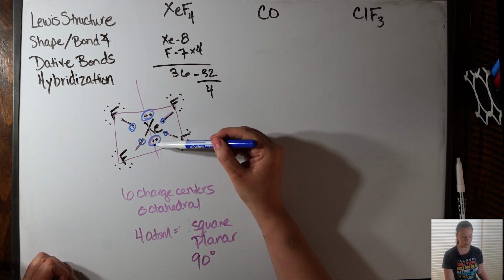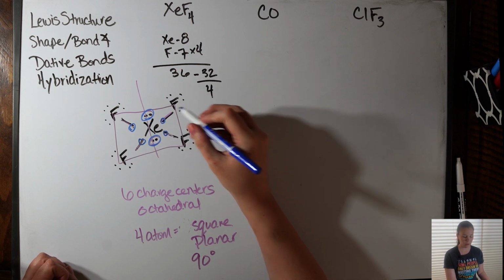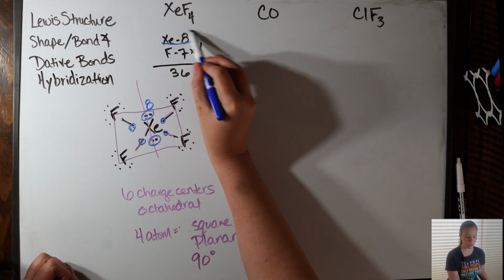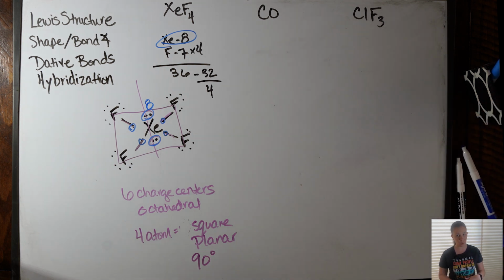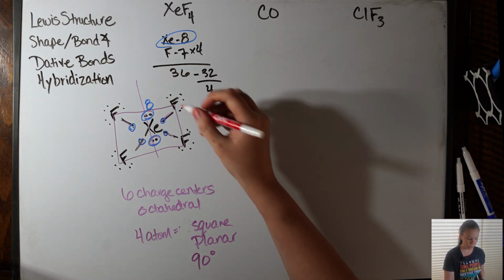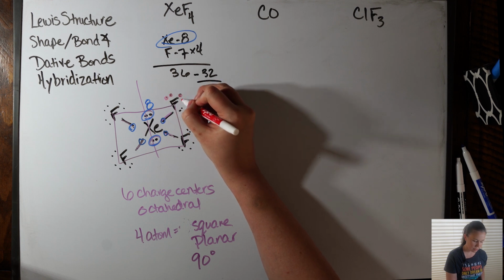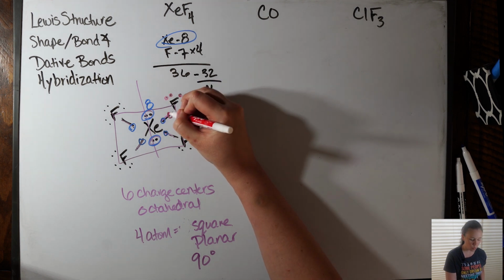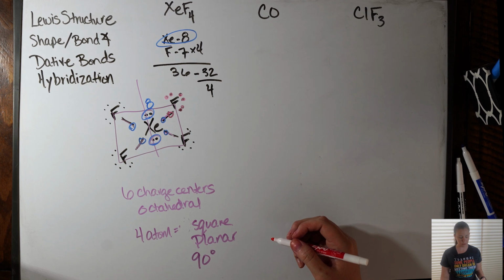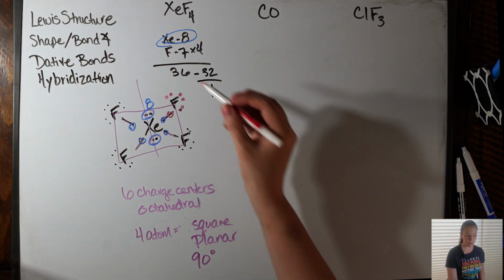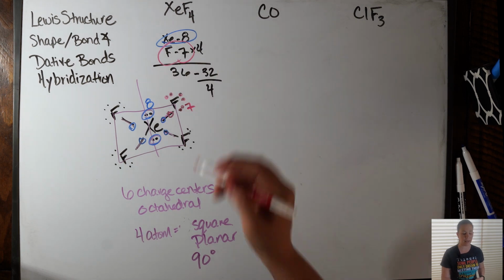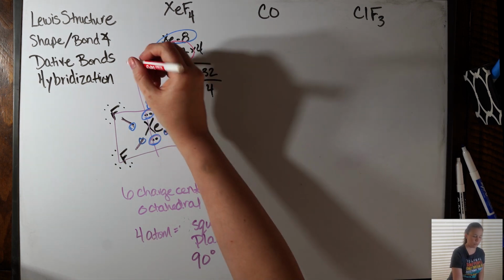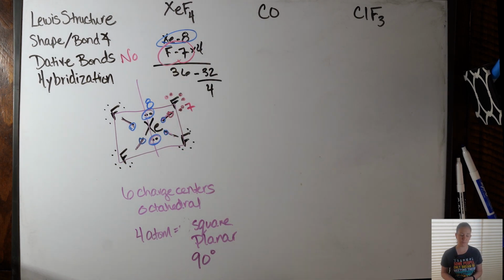That's a total, 4 plus 4, of 8, which it originally had. So xenon pretty much has what it put in. Fluorine has the 6 electrons around it, plus 1 from the single bond, and so that is a total of 7 electrons. Again, it has what it brought in. So there are no dative bonds in the xenon tetrafluoride.